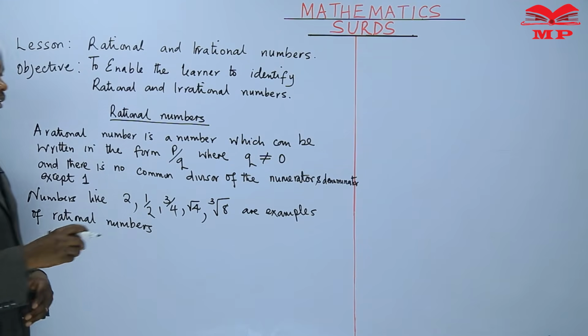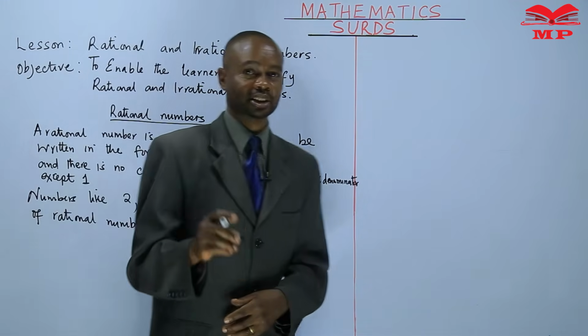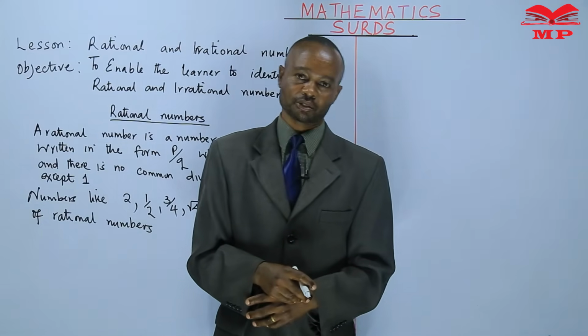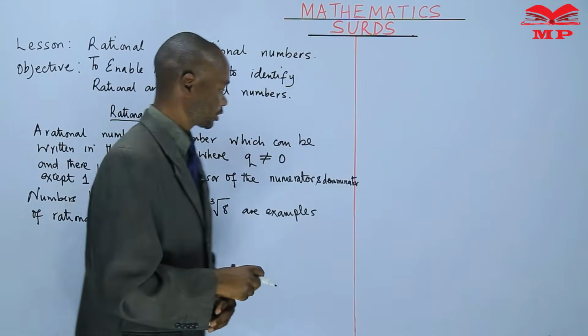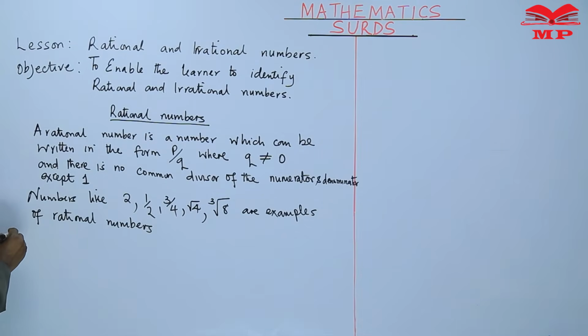We are also told terminating decimals and recurring decimals are also rational numbers.